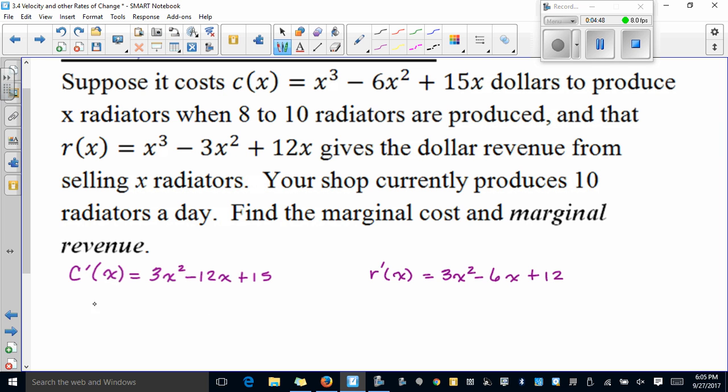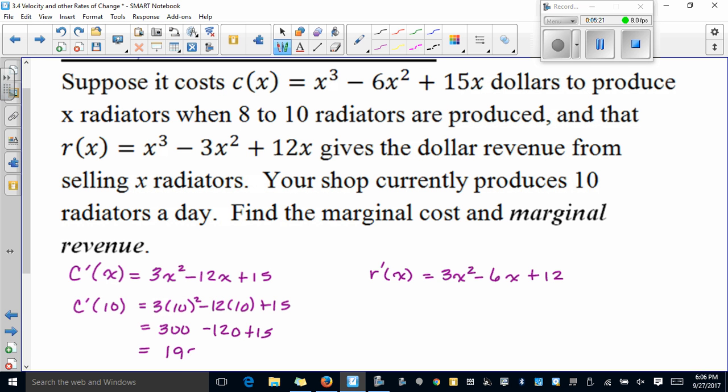But we want C prime at 10 because currently they're making 10. So C prime at 10 gives us 3 times 10 squared minus 12 times 10 plus 15. That gives us 300, 10 squared, 100 times 3, minus 120 plus 15. We continue doing our math. 300 minus 120 is 180, plus 15 gives me 195.